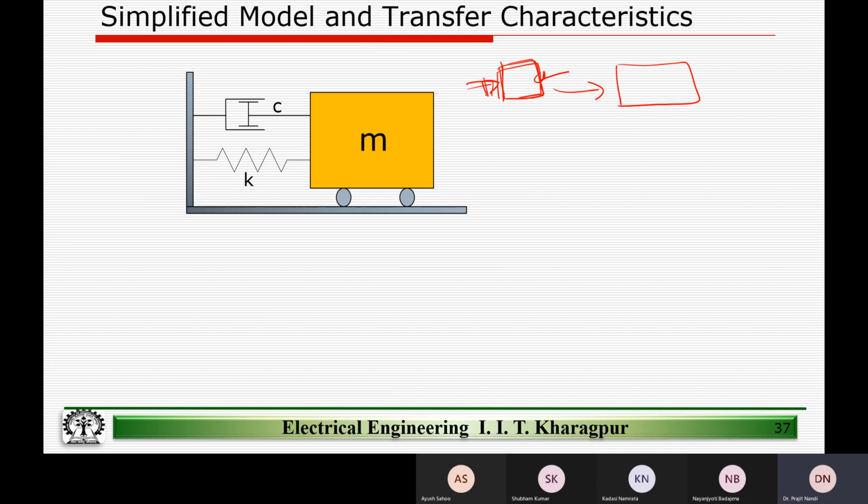So this behavior, or this kind of characteristics, we can easily model by this kind of a system, right? This kind of a system you would have seen in many of your other courses, because this is a normal spring and mass example, right?